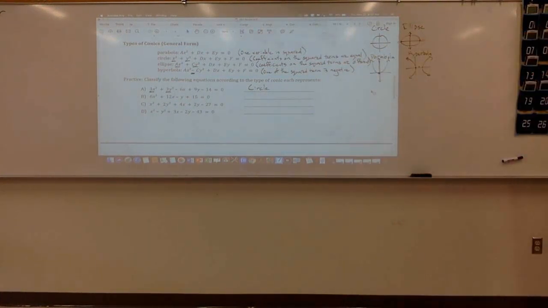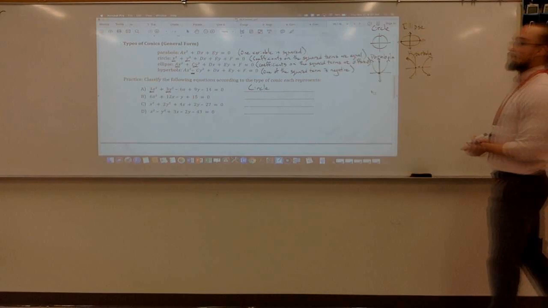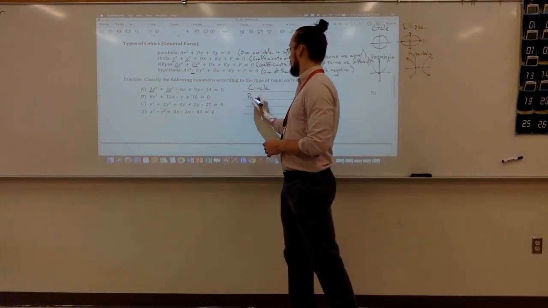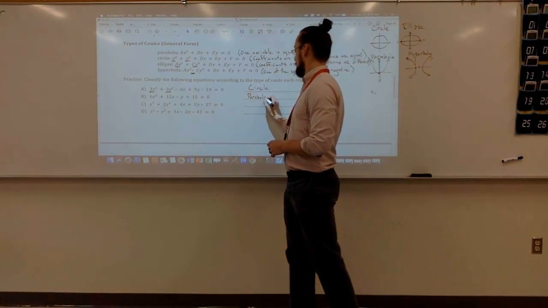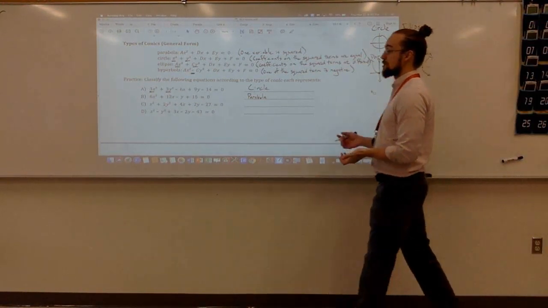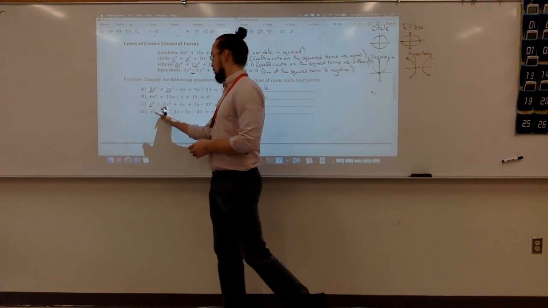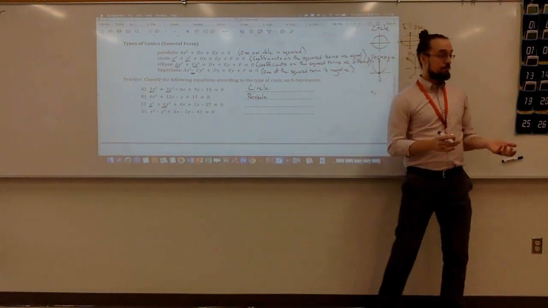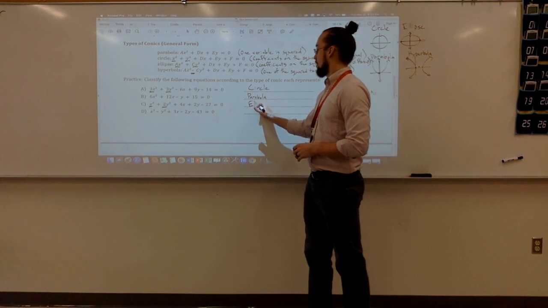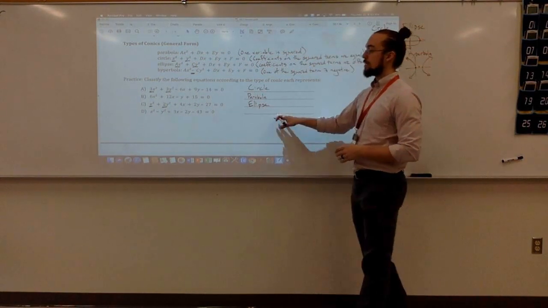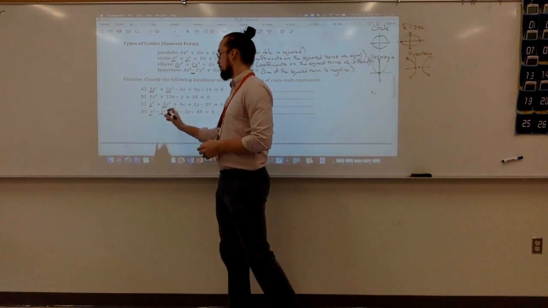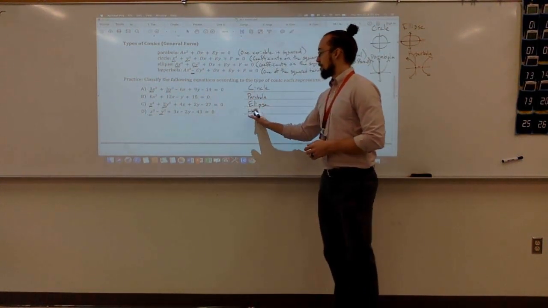In B, there's only one squared term, so parabola. In C, we have two squared terms. Coefficients are different, but they're both positive. So this would be an ellipse. And finally, one of my squared terms is negative, so hyperbola.